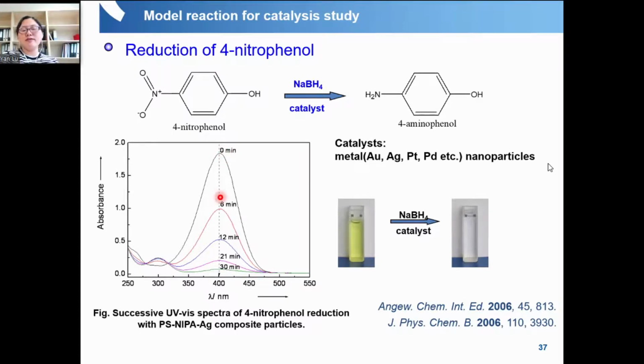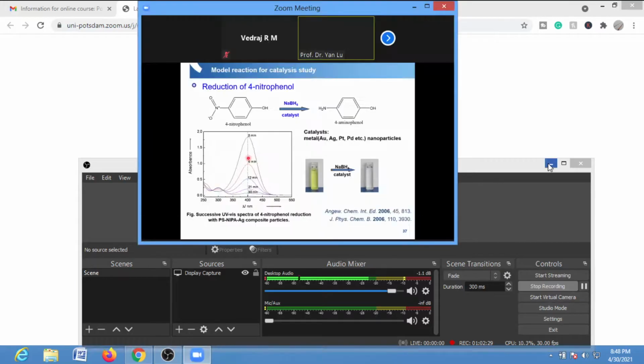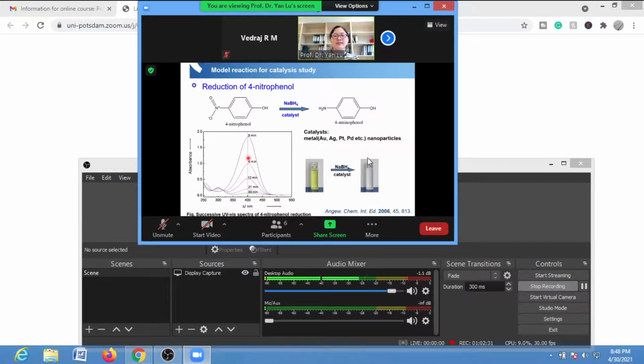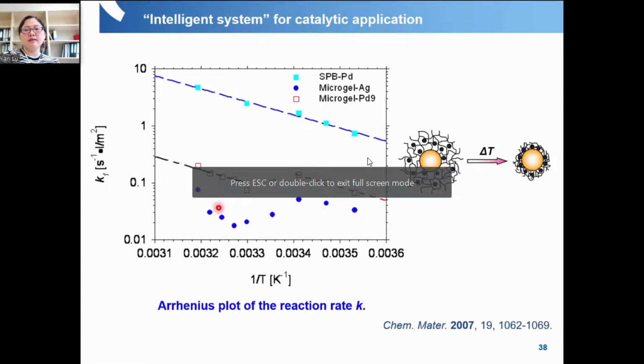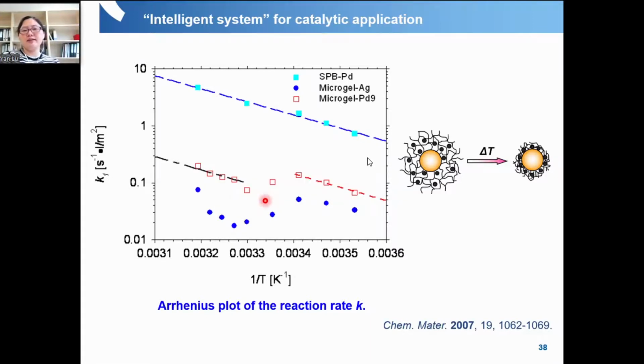Then you can do the quantitative analysis of your catalytic reaction as a function of temperature. So you can get the rate constant of your reaction very precisely in this case. And so of course you can measure the rate constant of the reaction as a function of temperature in this case. So you see we draw it in an Arrhenius plot way.